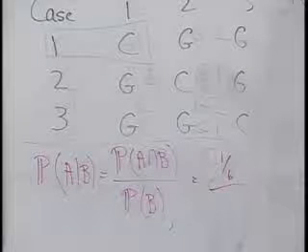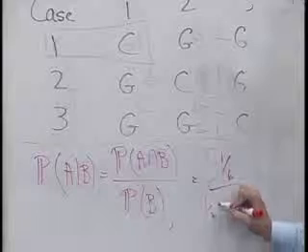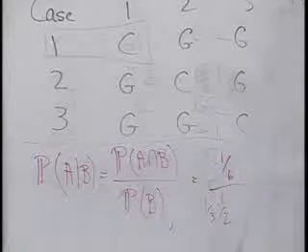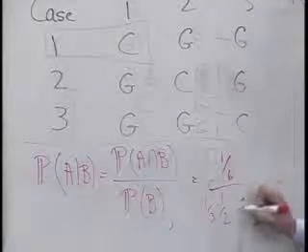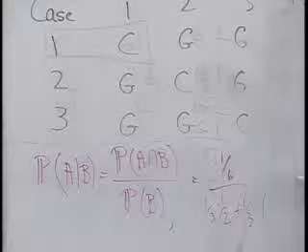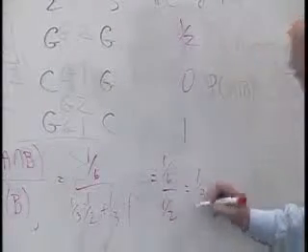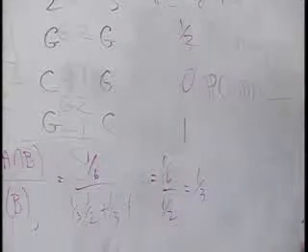And the probability of B is 1/3 for case 1 times 1/2 for him to open the door, plus 1/3 for case 3 times 1 for him to open the door. That's 1/6 over 1/2, or 1/3, same as before.